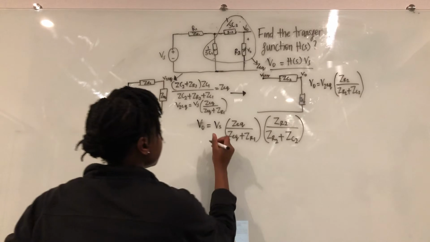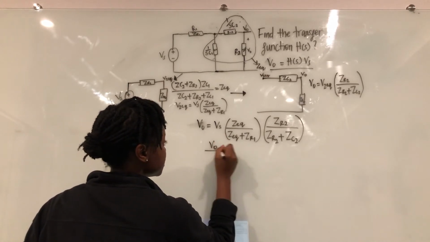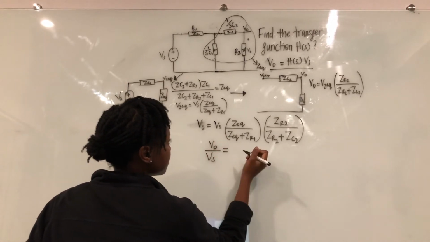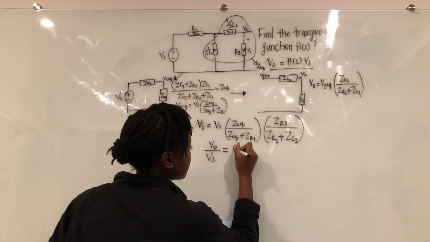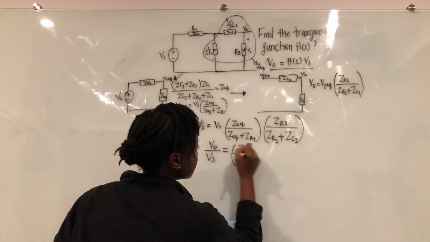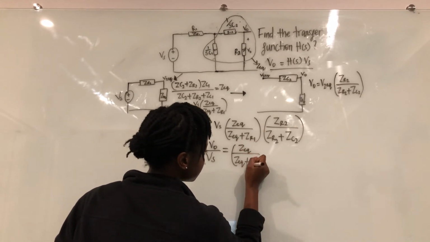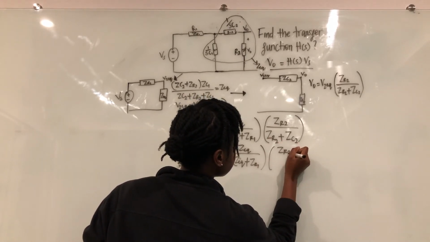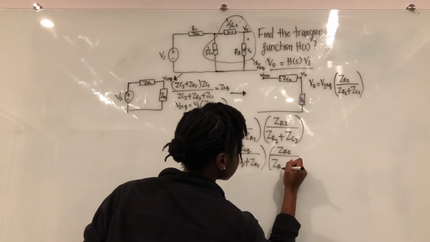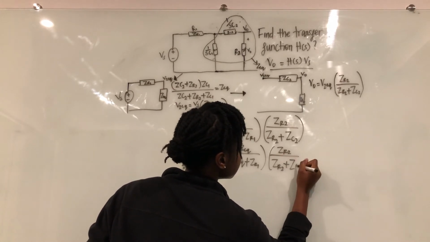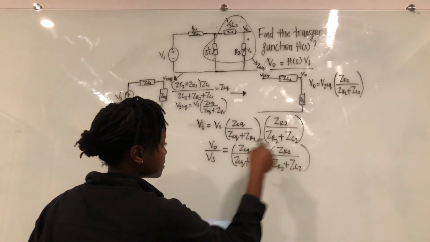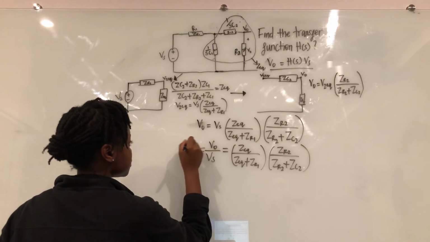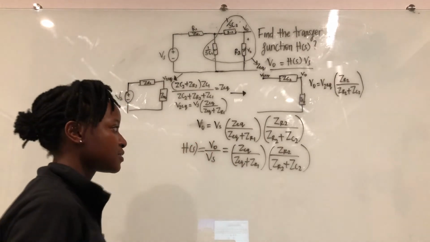And from here, we can find our transfer function, which is just V0 over Vs, which is ZEQ over ZEQ plus ZR1 multiplied by ZR2 over ZR2 plus ZC2. This is our transfer function, H of S.